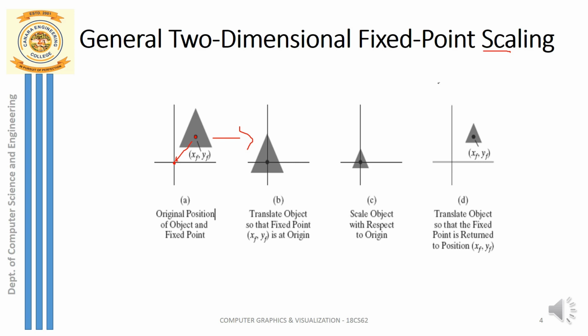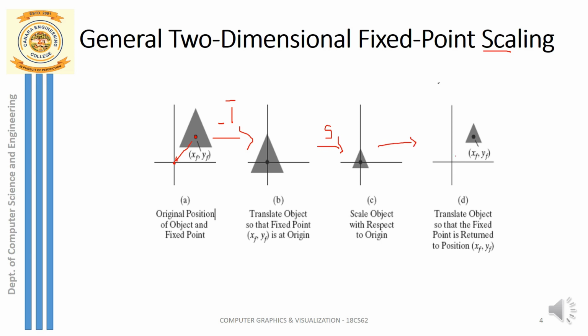So once I get it over here, after I apply reverse translation, next I am ready to perform scaling. So scaling is done by taking the scaling factors sx and sy. So you can scale the object along the x-axis, or you can scale the object along the y-axis, so it depends. After I scale the object, I can't leave the object there. I have to get the object back to its original position.